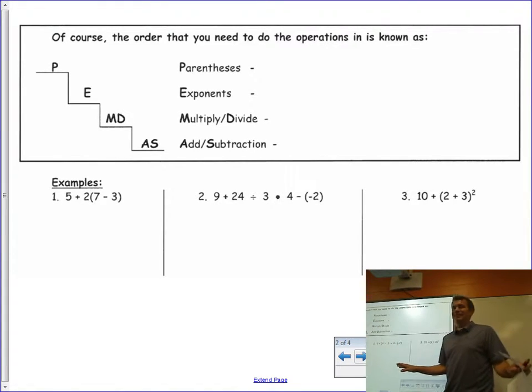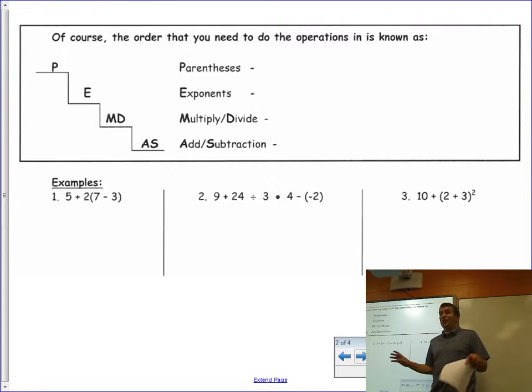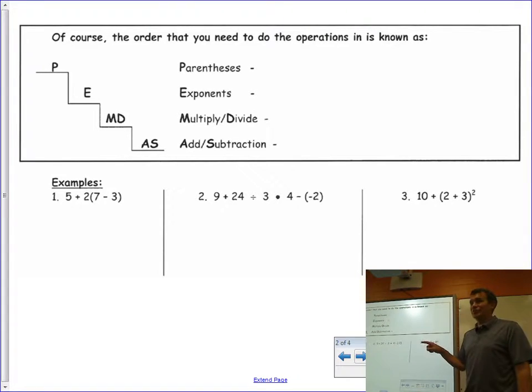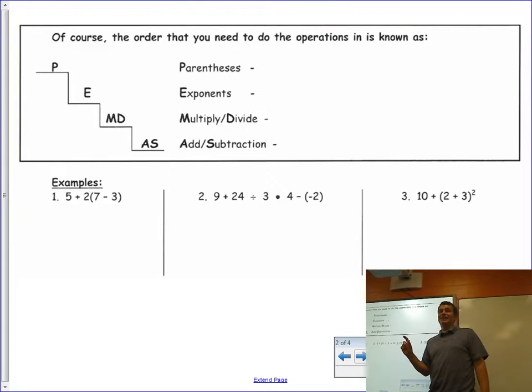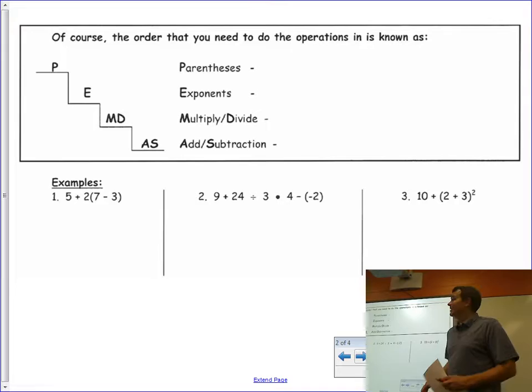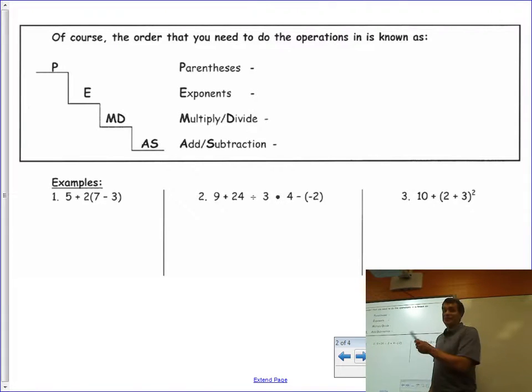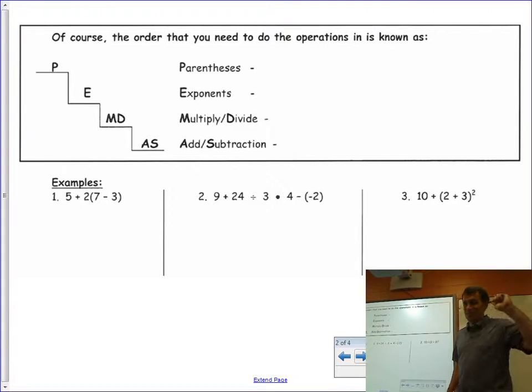Now, parentheses in math are used for more than one thing. Parentheses are used as a grouping symbol, and parentheses are used as a way of showing the operation multiplication. Right? When we say do parentheses first, of course, we mean using them as a grouping symbol.